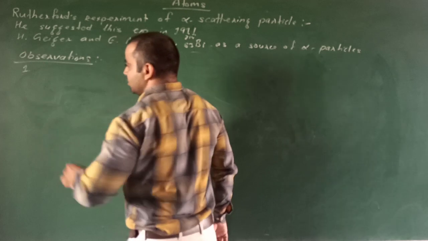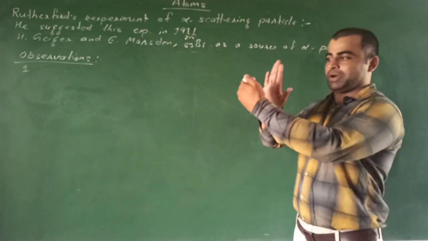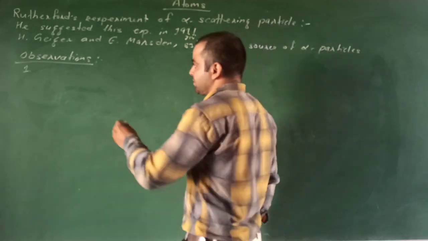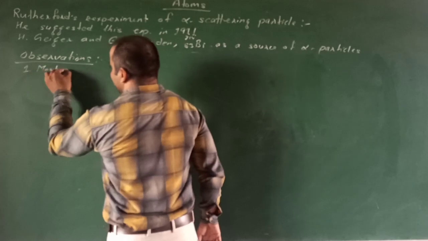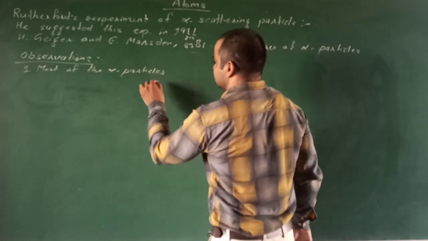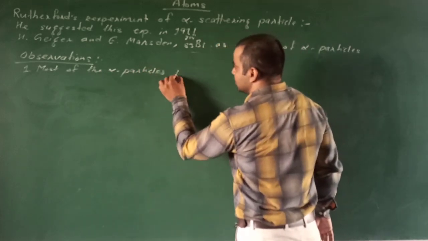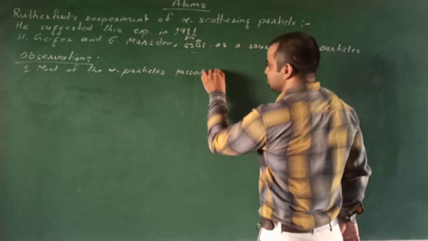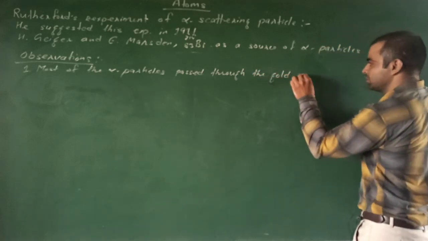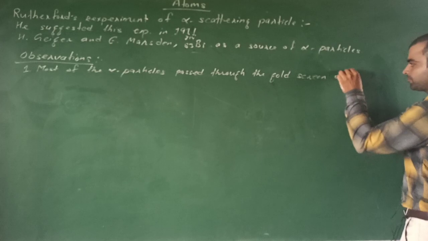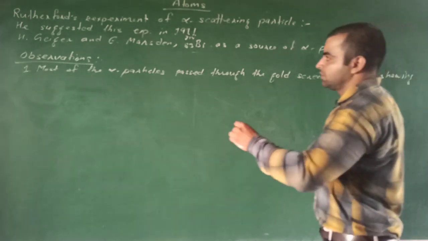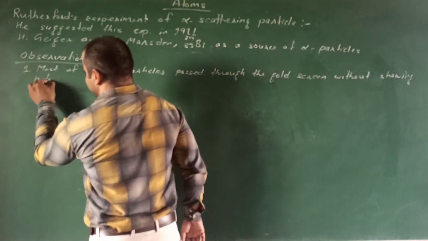Number 1: most of the alpha particles passed through the gold screen without showing noticeable deflection.